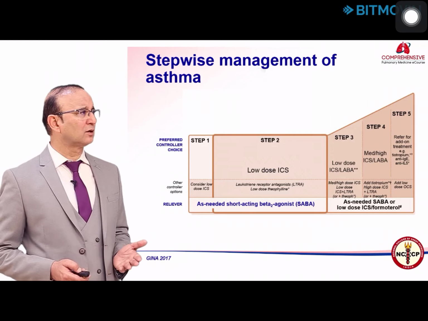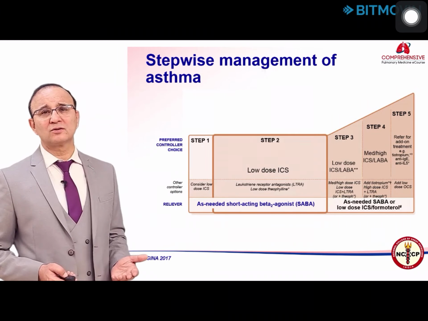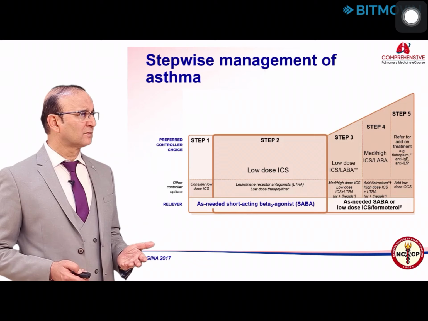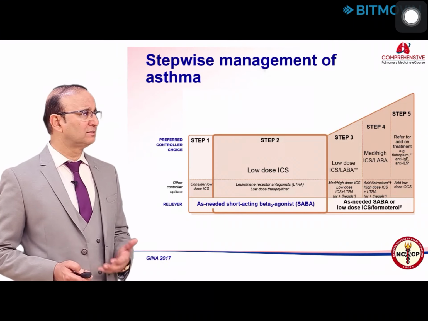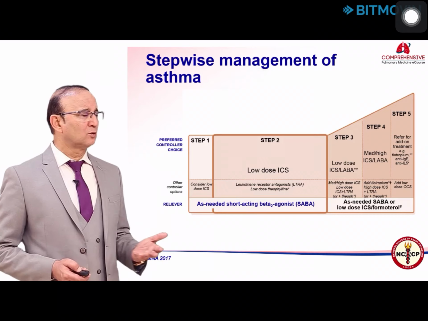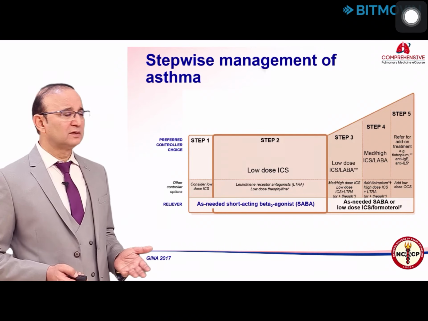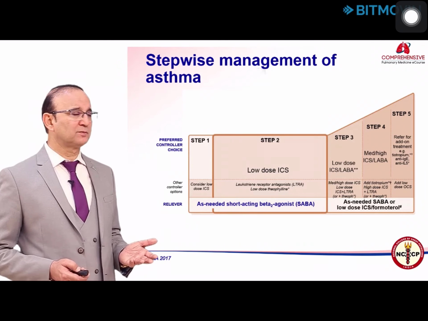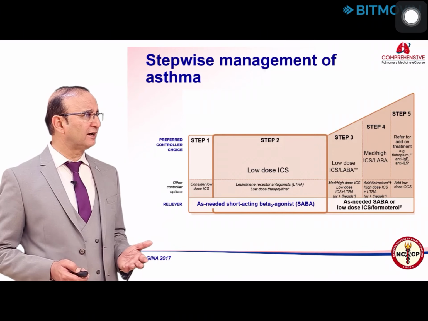If the patient is still not controlled, you add on treatment like tiotropium, anti-IgE omalizumab, and anti-IL-5 mepolizumab and reslizumab, in particular in those who have eosinophilic asthma. These are anti-IL-5.